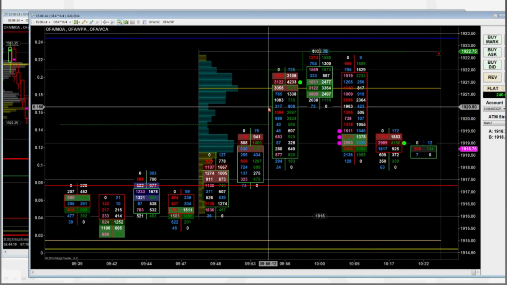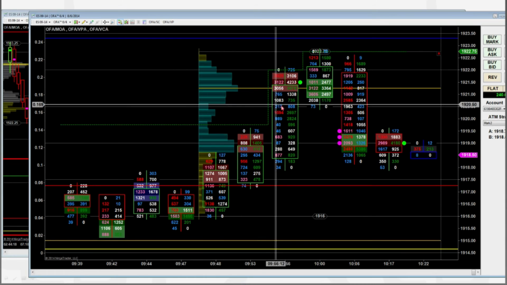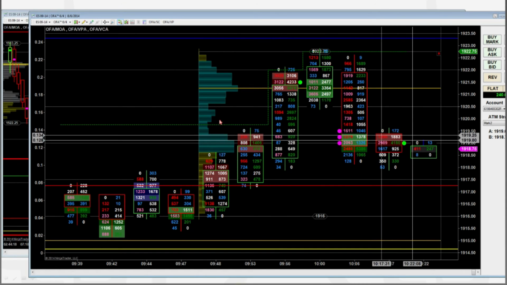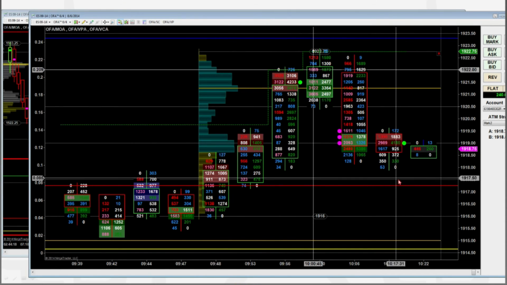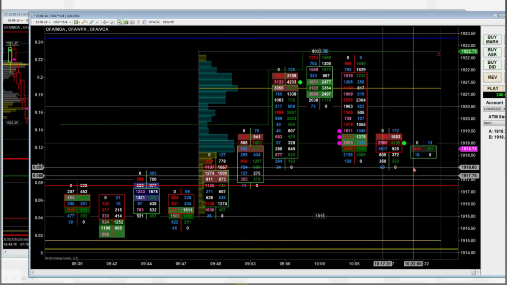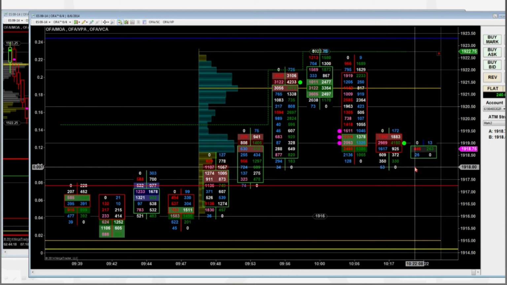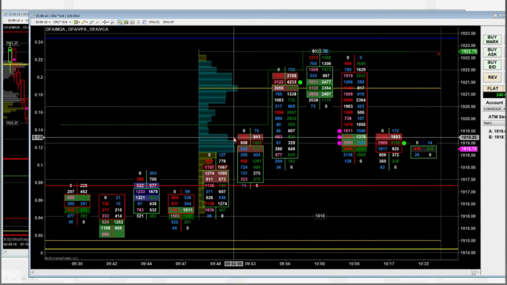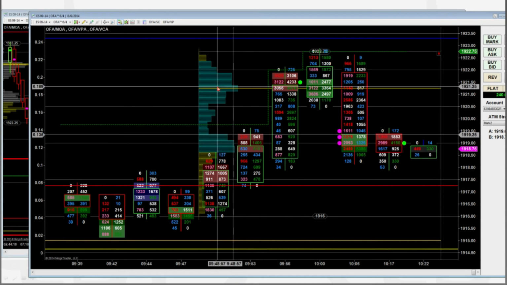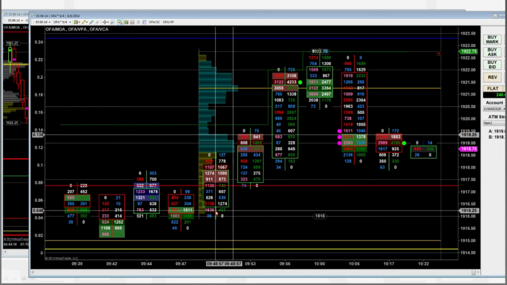If I were to get long here, this is why you do different profiles. You want to look at a profile for different time frames. Remember I talked about a swing high and a swing low, so this would make sense. Price would really need to get through 2050, 2075, to give you an opportunity to potentially take this trade higher today.